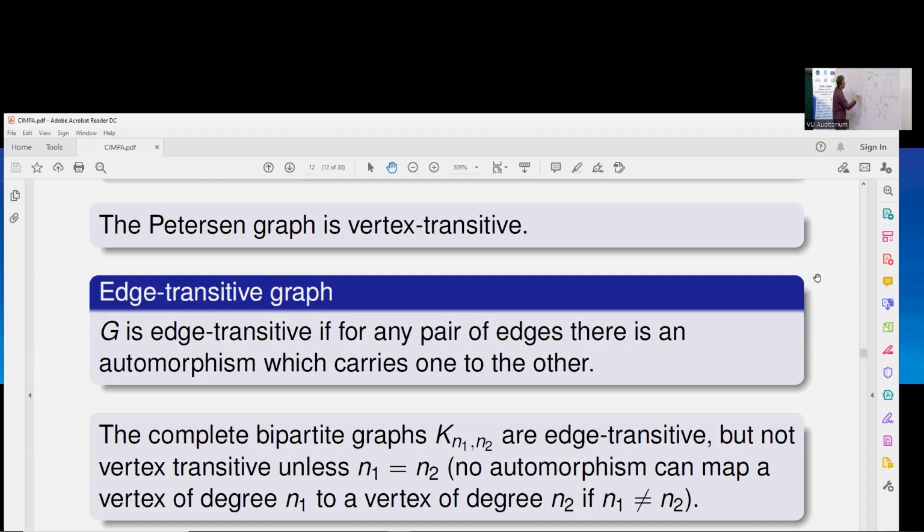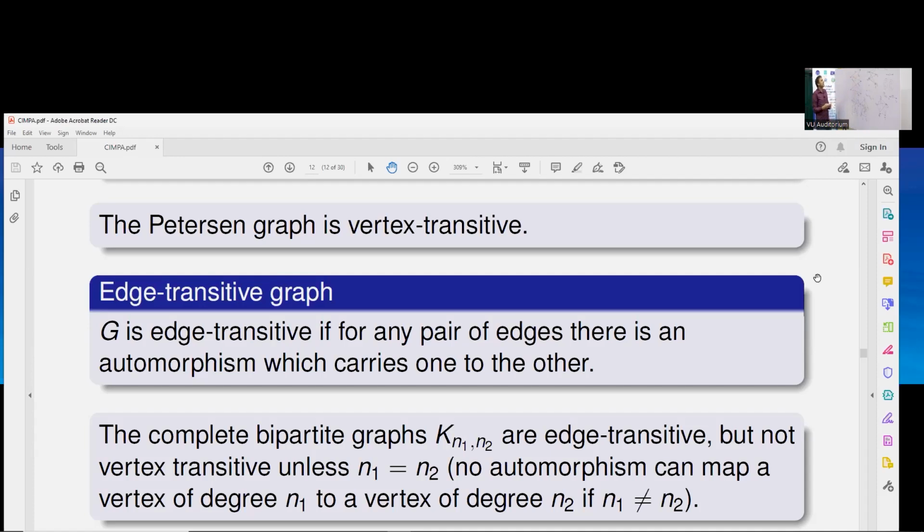Let me think about a good way to write the names: E11, E12, E13, and this one will be E21, this one E22, and this one E23.